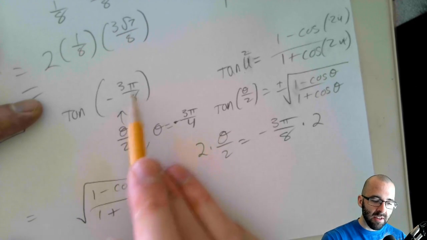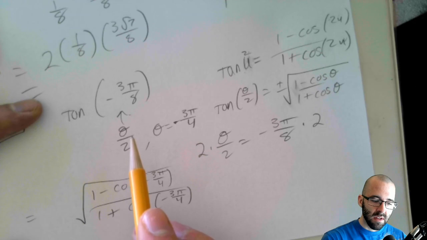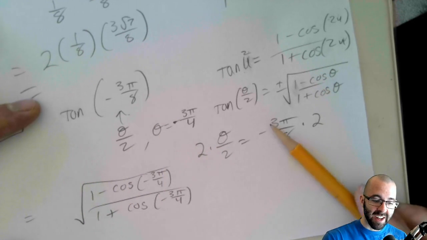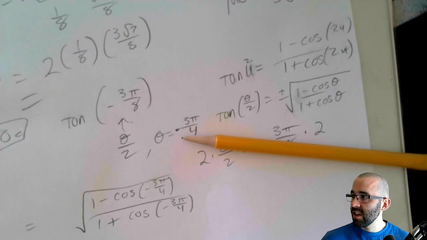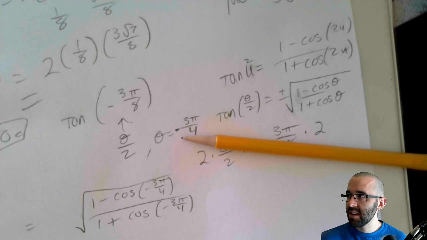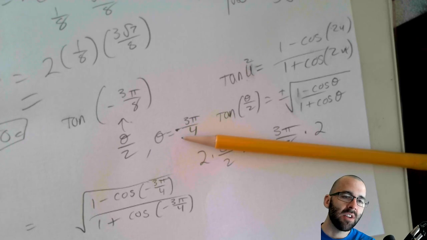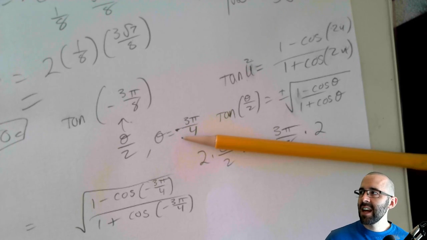Is tangent negative or positive in this quadrant? Maybe you know what 3 pi over 8 looks like. Maybe you don't. If you're feeling unsure, convert it to degrees, right? -3 pi over 8 in degrees is -67.5.